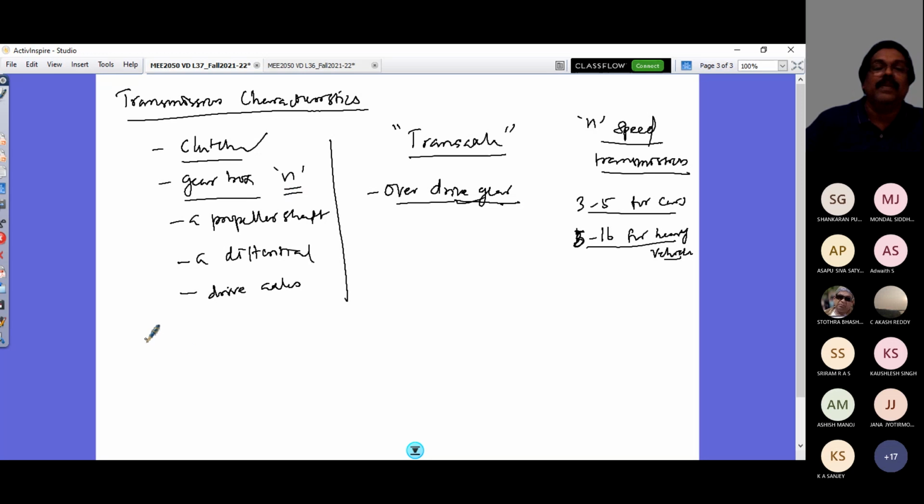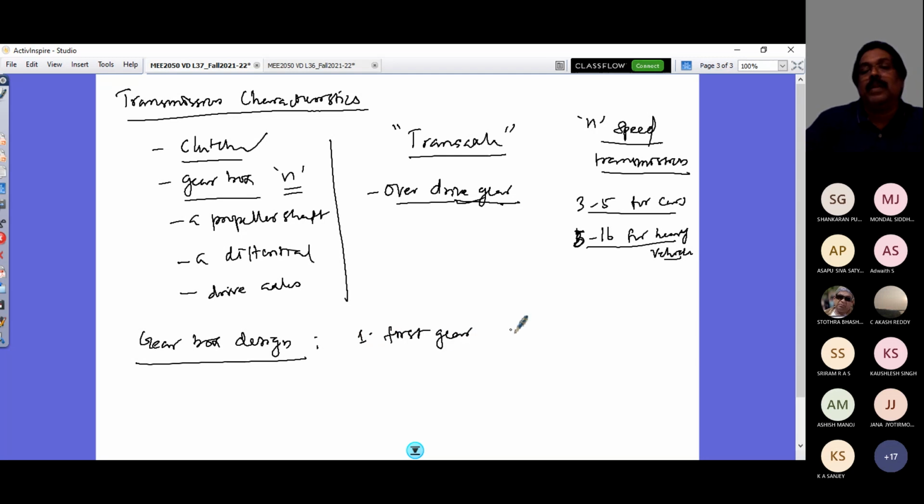So the gearbox design, if you look at, you have your first gear, or you call it the lowest gear, or you say higher reduction gear.